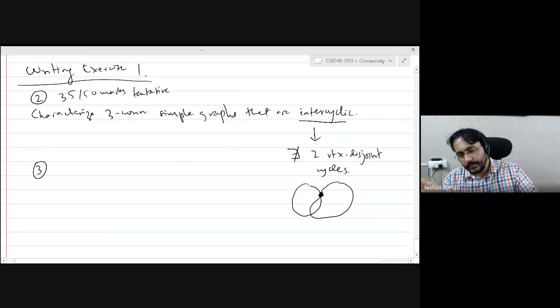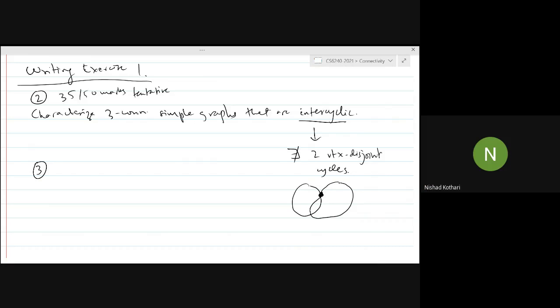And you would expect that number to be small because there are no two vertex disjoint cycles. You would expect that by deleting a small number of vertices, you can make the graph acyclic or a forest. And it turns out that the right number here is 3. There are at most 3 vertices that you can delete, and the resulting graph will then be acyclic. There will be no cycles.